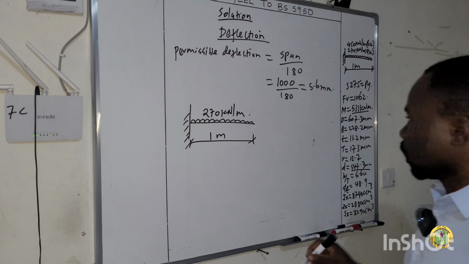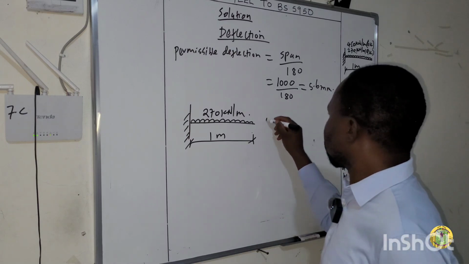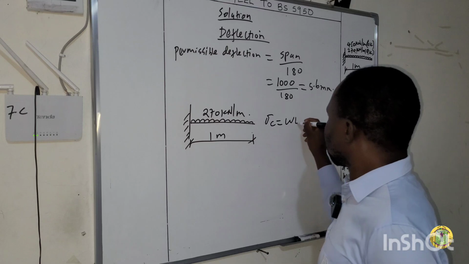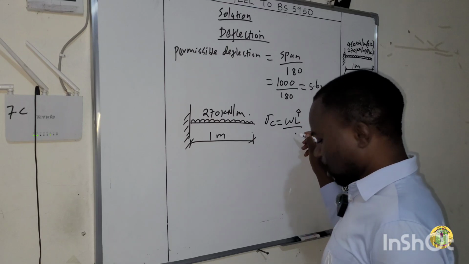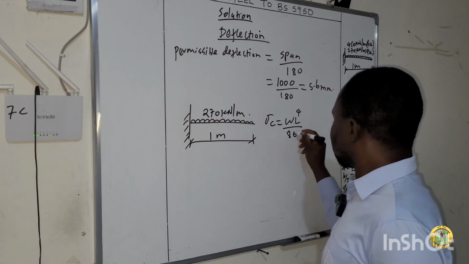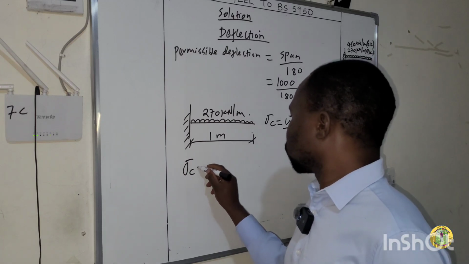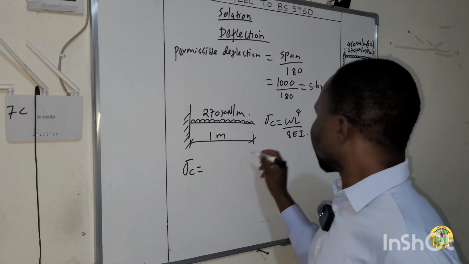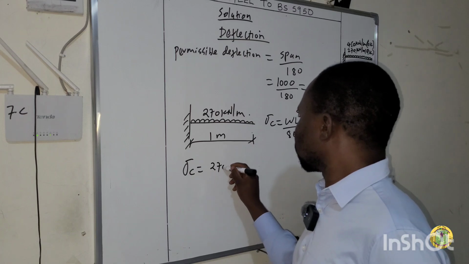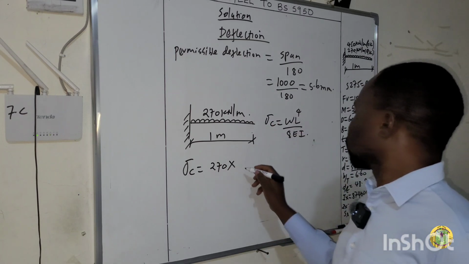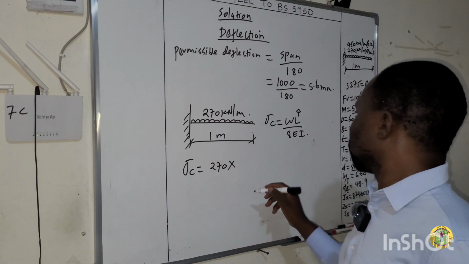So the induced deflection is given by WL raised power 4 over 8EI. So induced deflection is equal to W is 270 times length. So length is 1,000, you change 1 meter into millimeter.